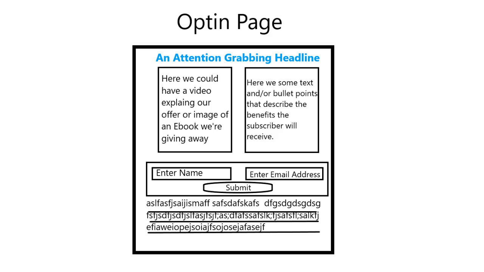If 30 people out of those 100 actually submit their email address to you, that would be a 30% conversion rate. So just so you know, 30% is a pretty decent conversion rate for an opt-in page. Some opt-in pages have had conversion rates as high as 50% or more.